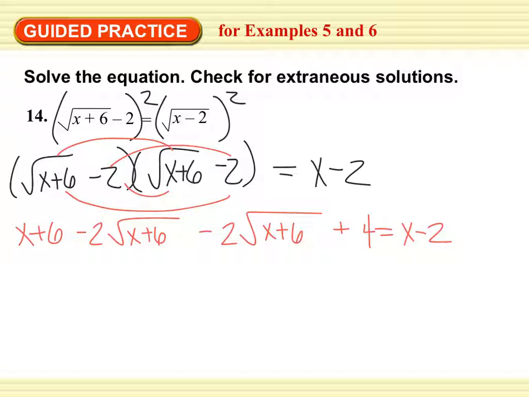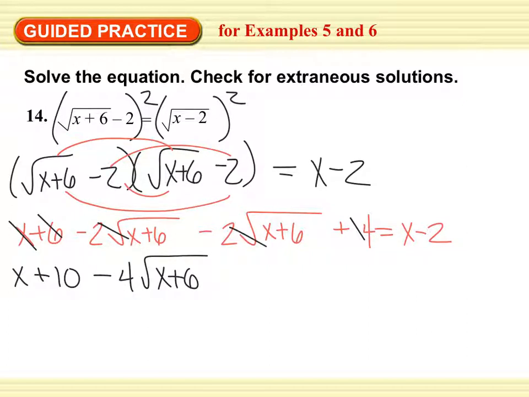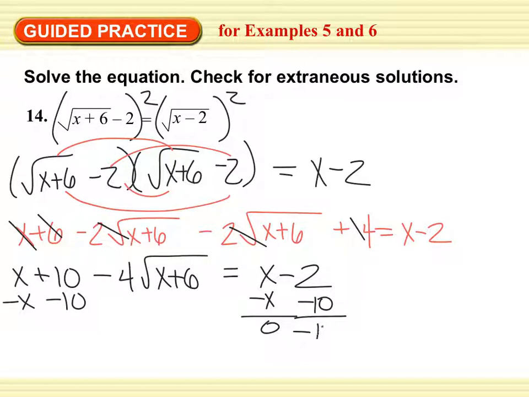So collect like terms. I have x, and then a plus 6 and a plus 4, and then a minus 4 equals x minus 2. Okay, subtract x from both sides. Subtract 10 from both sides. And the right side is still negative 4 square root of x plus 6. And I need a new page.